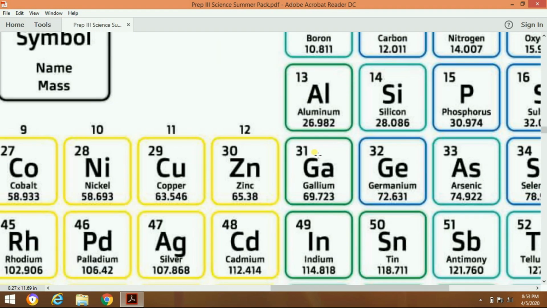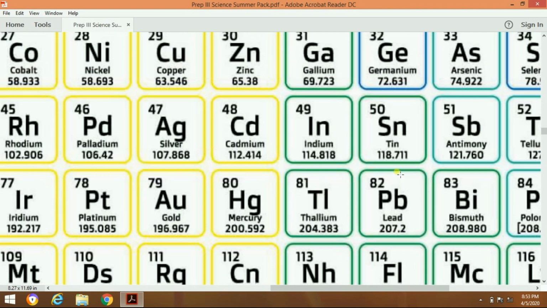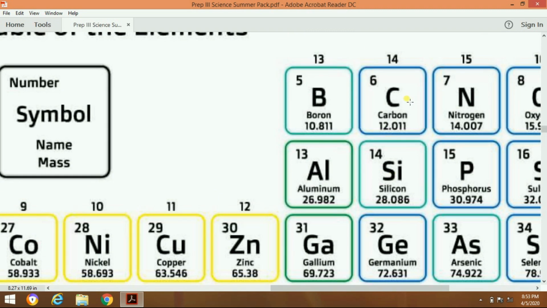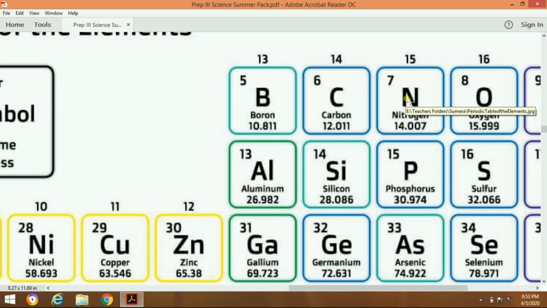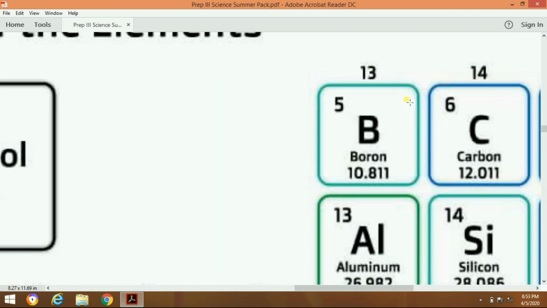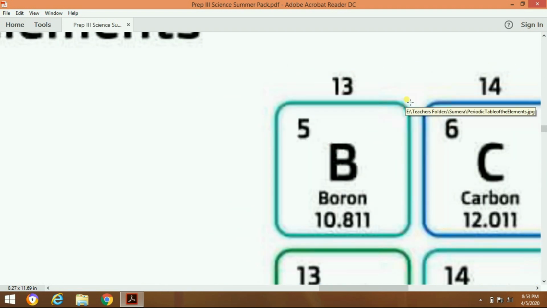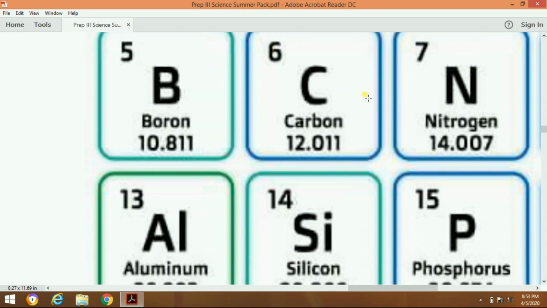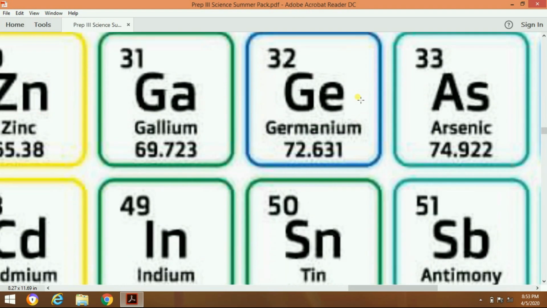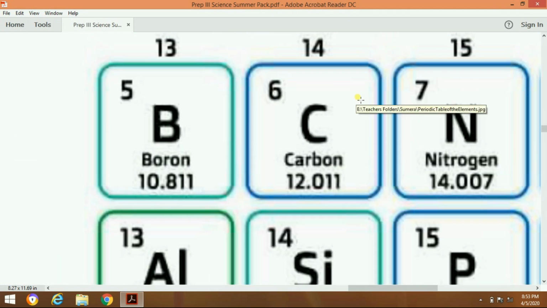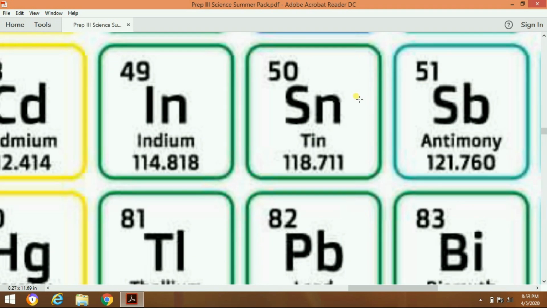Now, group 4A is also called carbon family. Why? Because it starts with carbon. The elements are carbon, silicon, germanium, tin, lead.